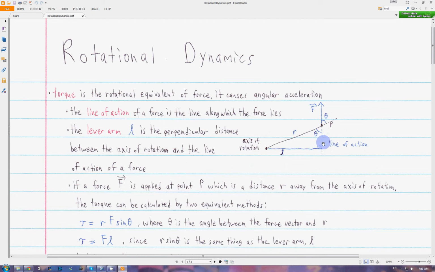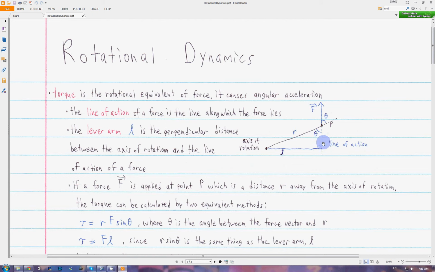So if we have this force F applied at point P on this lever, and point P is this distance r away from the axis of rotation, we can calculate the torque, which is represented by this letter tau, by doing r times the magnitude of F times sine of theta, where theta is the angle between this line and the force.